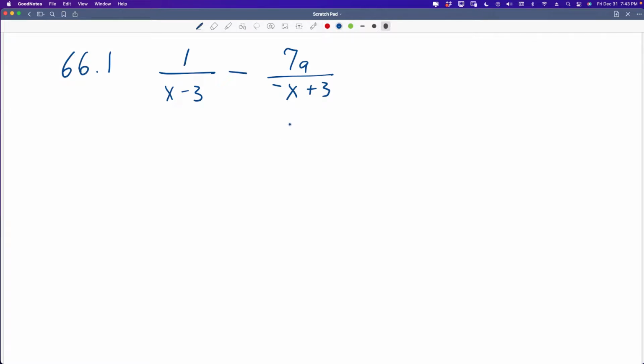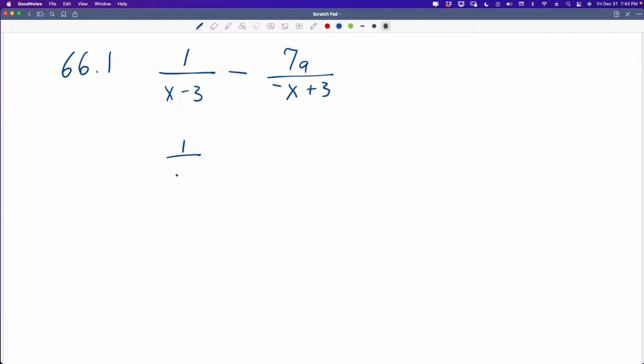We know that if we multiply a fraction, both the numerator and the denominator, by the same value, then we can change the fraction and keep the same value. We have a negative here, right? So we want to adjust our fraction so we can get rid of this negative to start with.